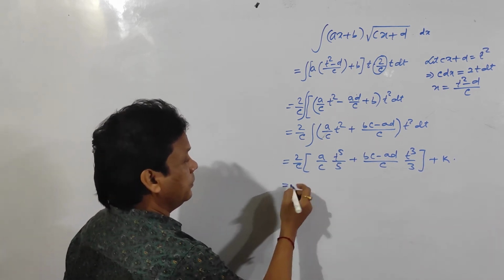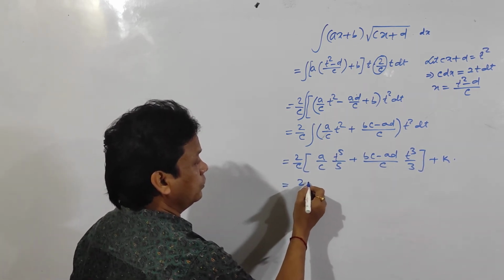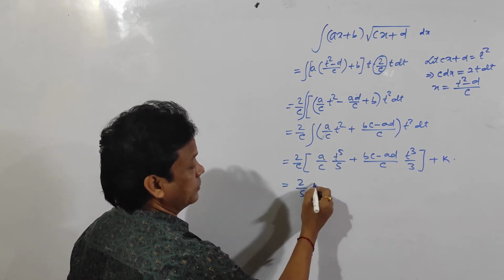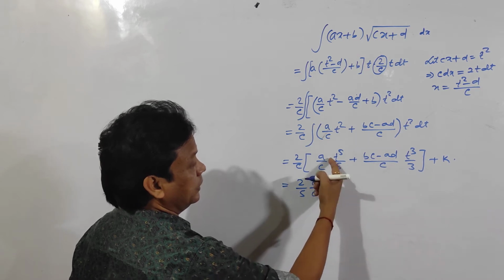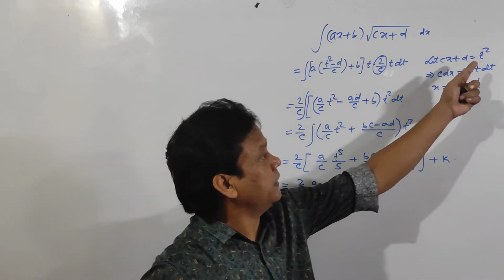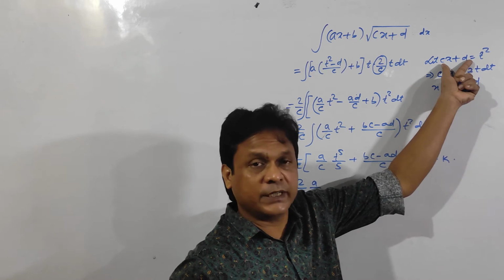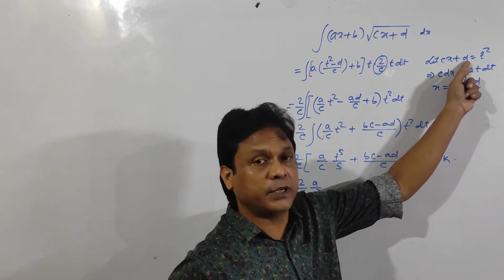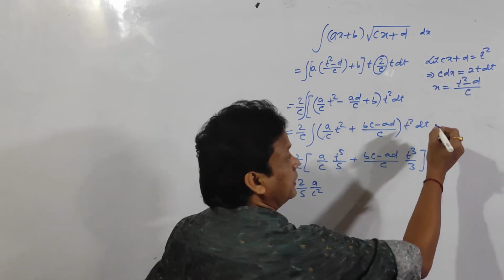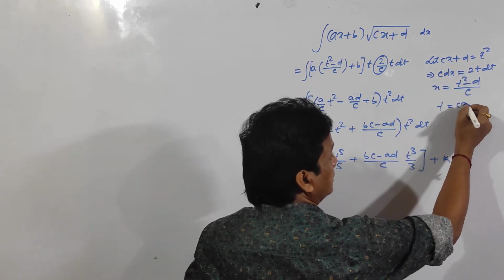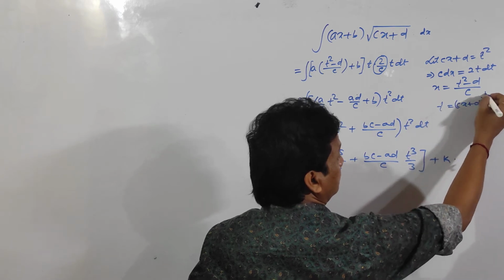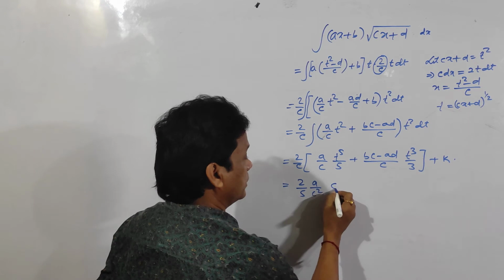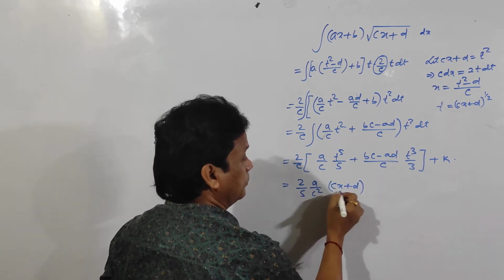If we multiply by 2 by c, it will be 2 by 5, a by c square into t to the 5. And what is t? t square is cx plus d, so t is (cx plus d) to the power half, and t to the 5 means (cx plus d) to the power 5 by 2.